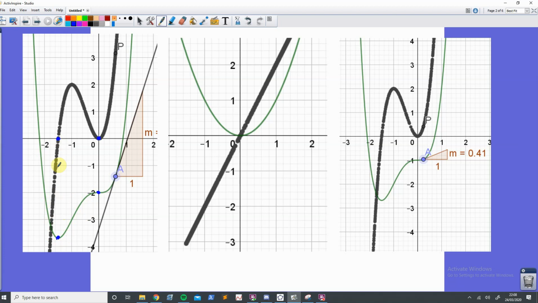The way to draw these after that really is to think, well, negative gradient here. So this is going to be somewhere down in the negatives, and it's going to move up, getting less and less negative as we move closer to my x-axis.